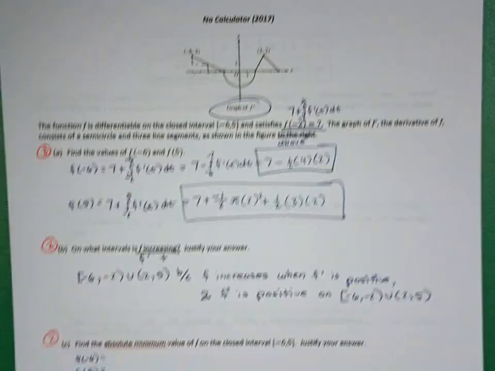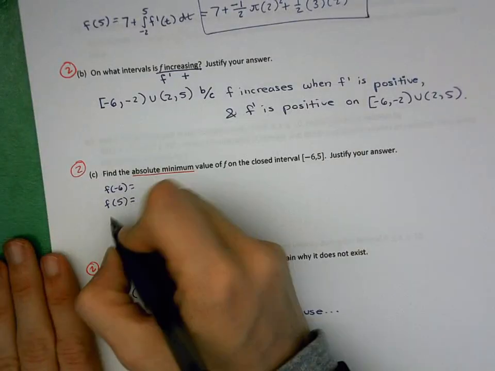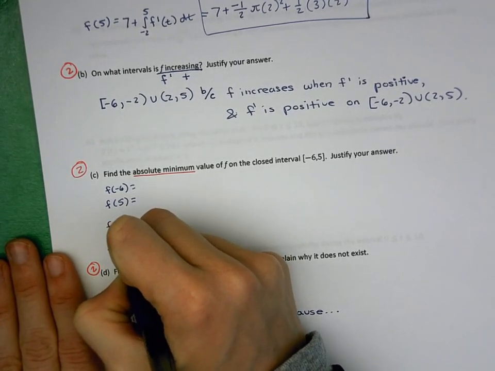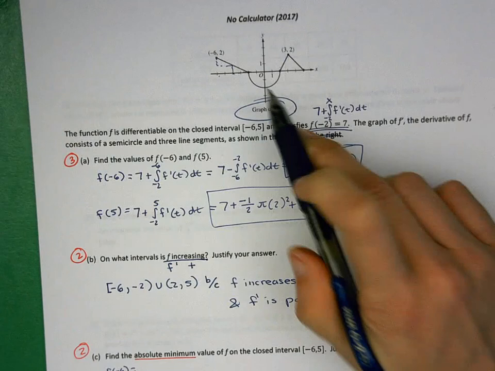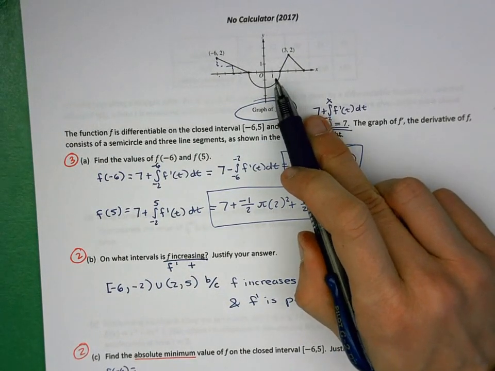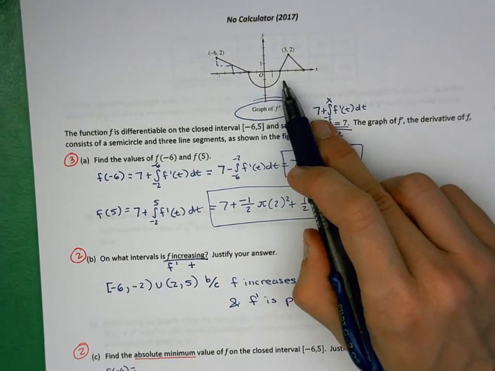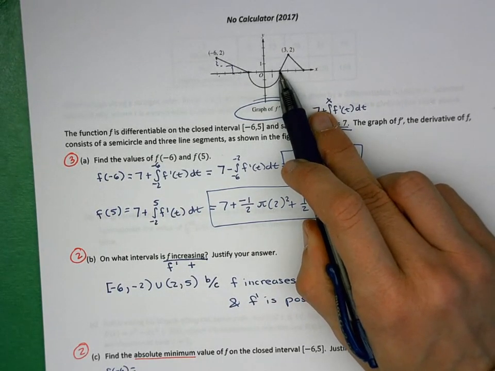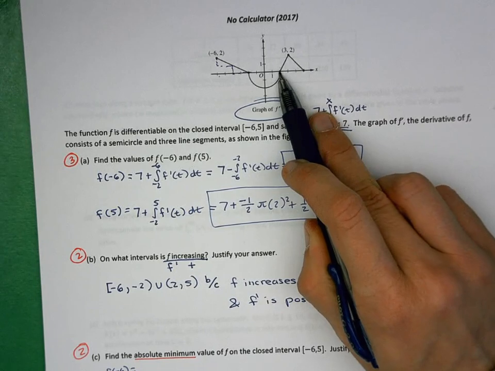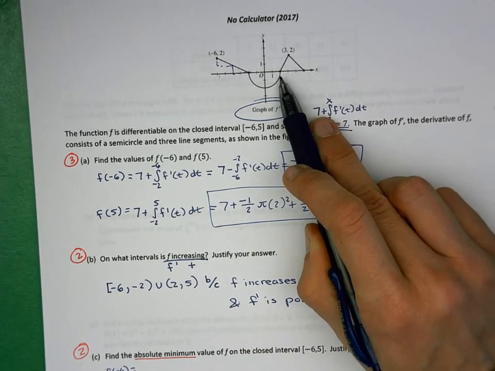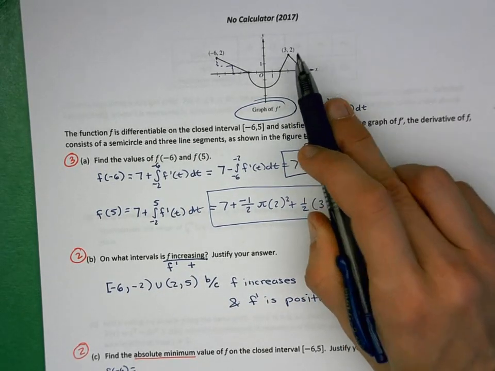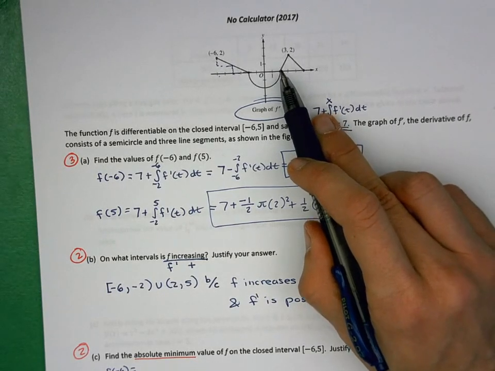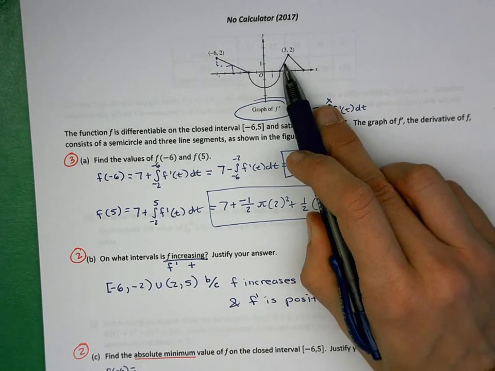Now, the only one you actually had to consider in this particular case is the 2. The reason why is that 2 is the one that's actually a relative minimum, and so it could be an absolute minimum. My f prime here changed from negative to positive, which if you look at our little f prime, f double prime table, when f prime changes from negative to positive, that's a relative minimum.